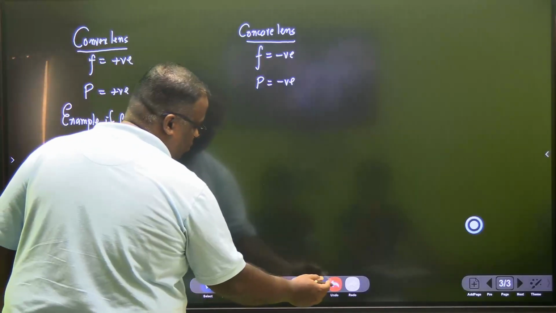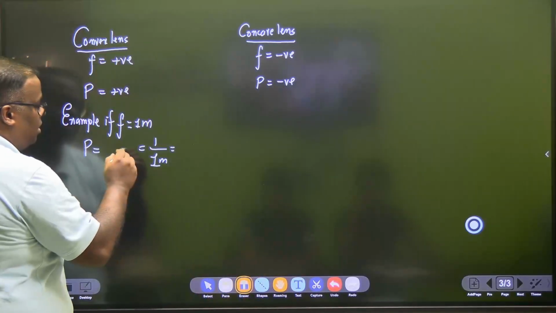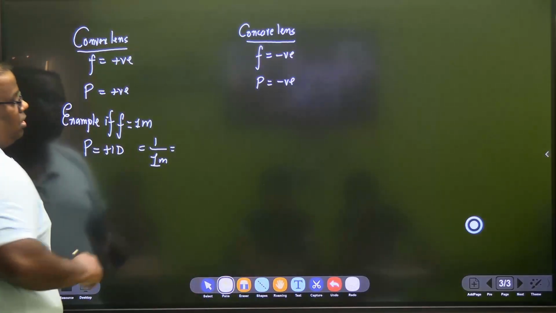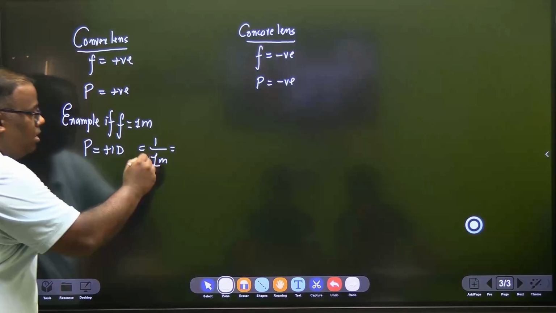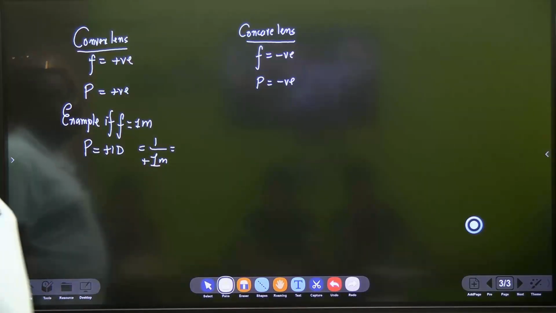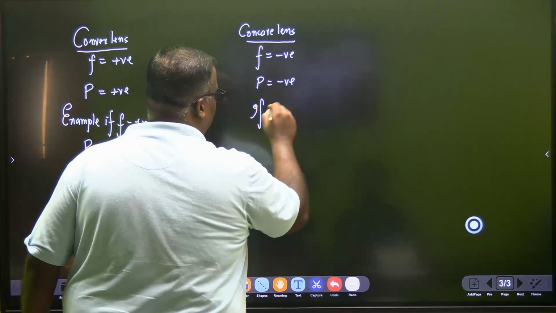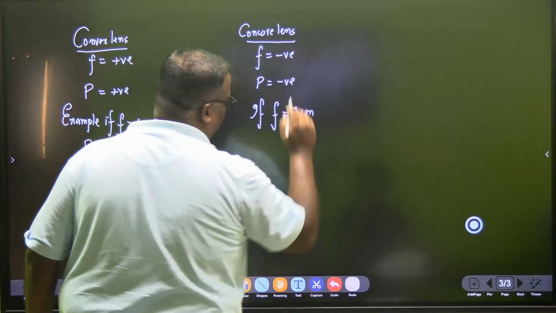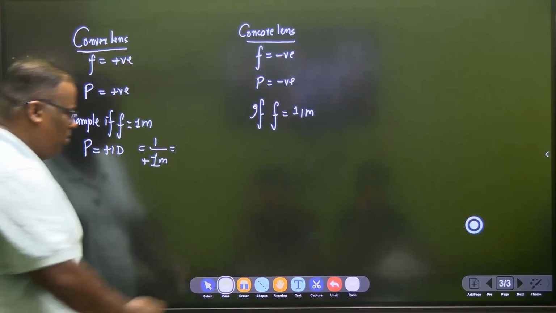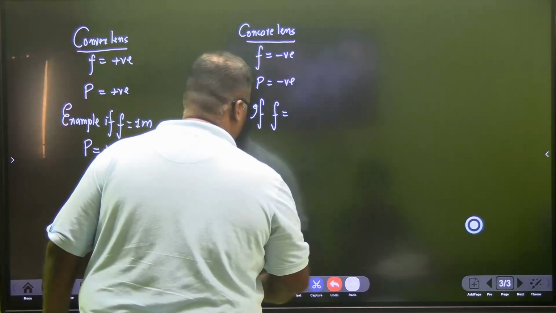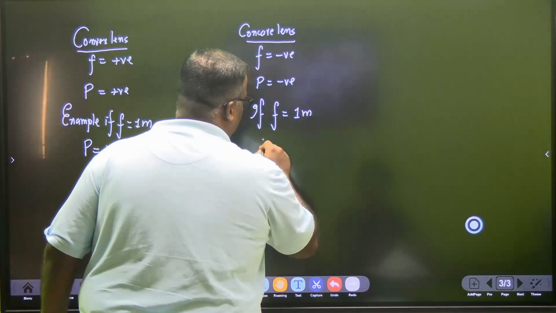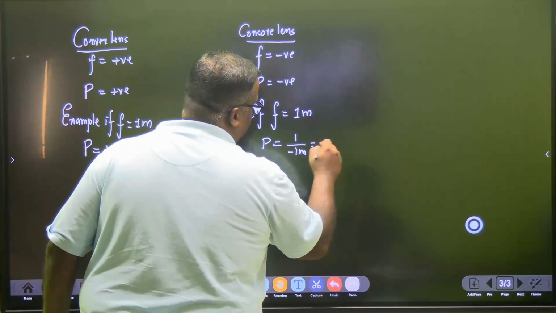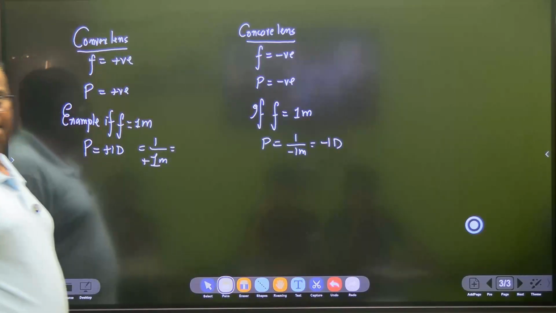The power is said to be plus 1 diopter because the focal length is positive here. Understood? If F is equal to minus 1 meter in this case, power is equal to 1 upon negative 1 meter, which is minus 1 diopter. Clear?